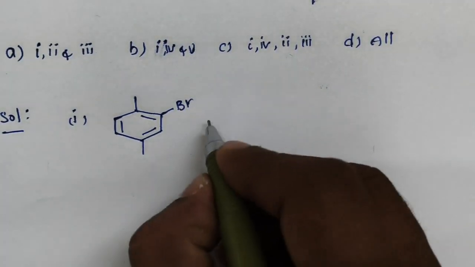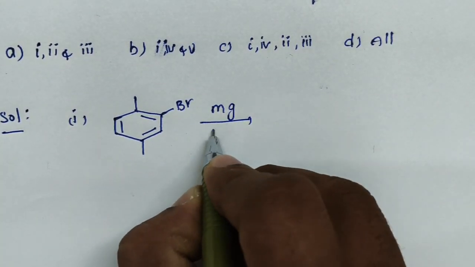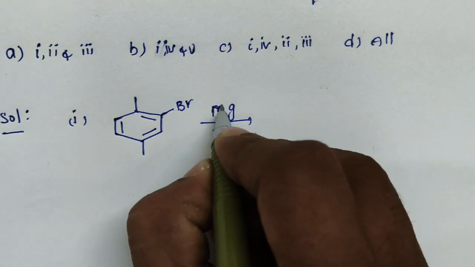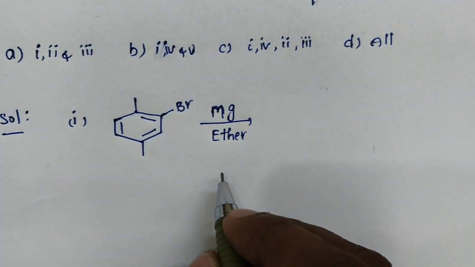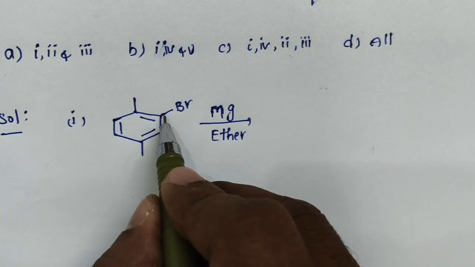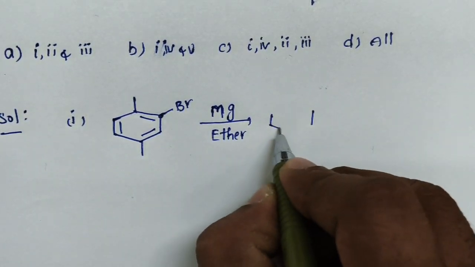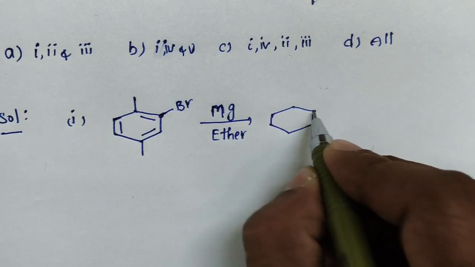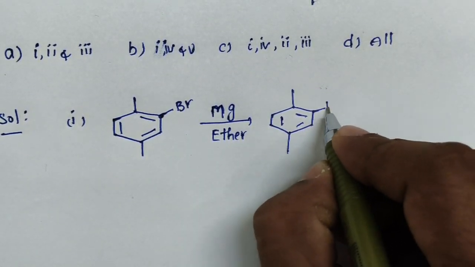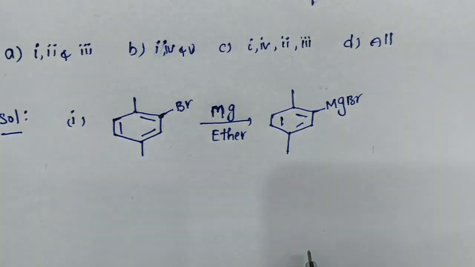In the first condition, magnesium and ether means Grignard formation only. Magnesium in presence of ether reacts with either aryl halide or alkyl halide and converts it into Grignard reagent. So here, with the CH3 groups like this, it is MgBr formation, Grignard reagent.